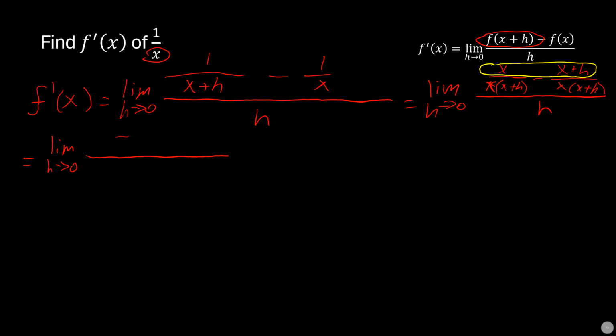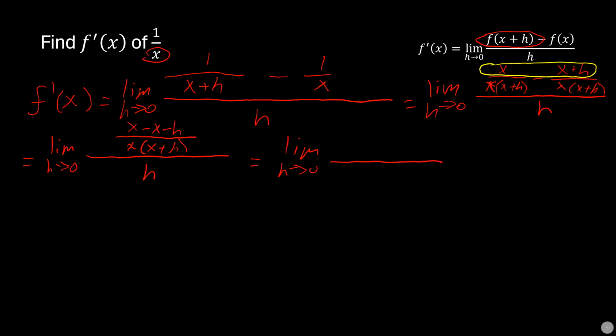So this now equals the limit as h approaches 0 of, now bear with me here, x minus x minus h all over x times x plus h, over h. Look at this.